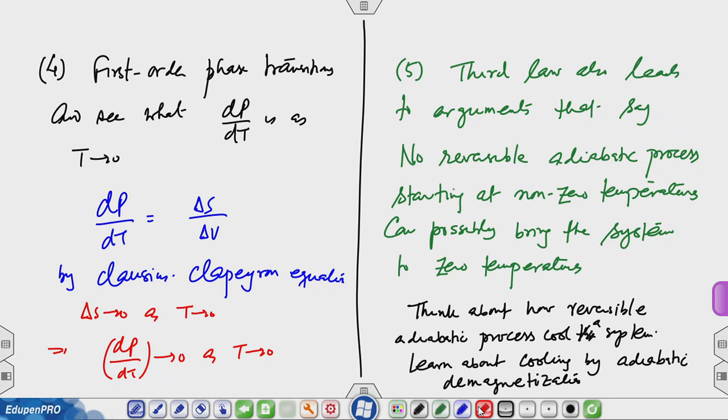For example, an adiabatic expansion of a system will cool it. Similarly, adiabatic demagnetization leads to cooling, so learn about that, and then we can discuss this in our discussion hour.